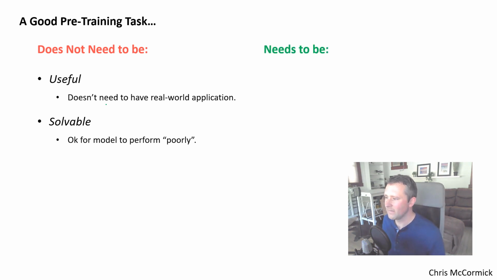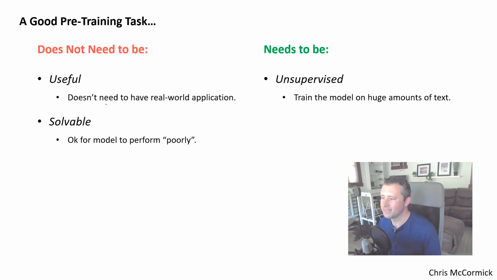And then what we do want for the task is that we want it to be unsupervised, right? We have very limited labeled training data, versus if you can train the model on just plain text without any labels, then we have Wikipedia and the book corpus and the whole internet. We've got plenty of text. So if we can train the model just using plain text, we have a much larger training set and we can train much bigger, more powerful models.